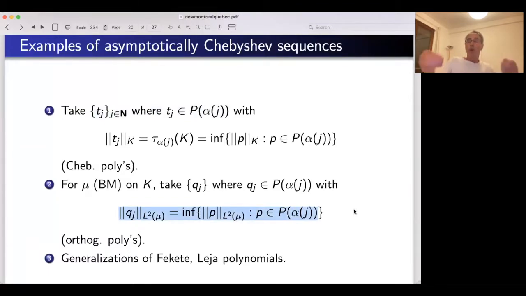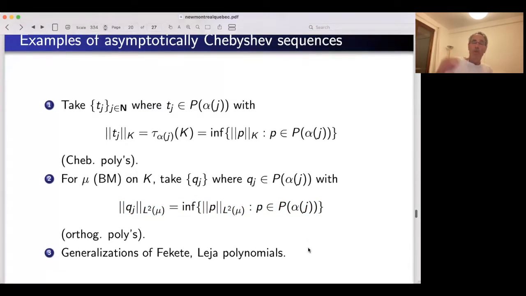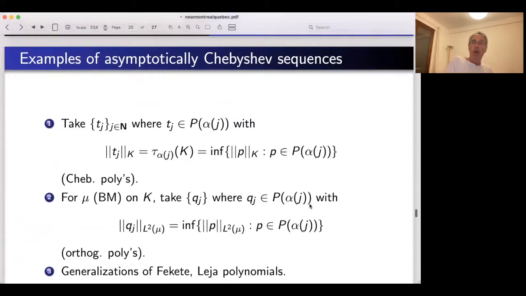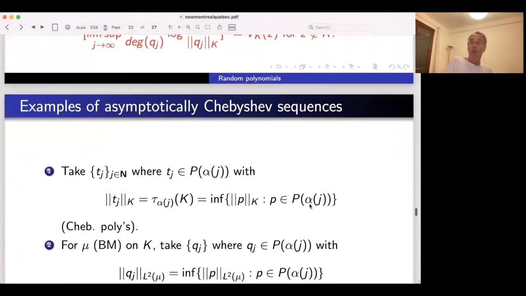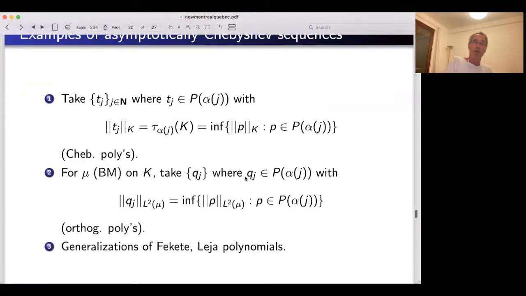So these would be orthogonal polynomials with respect to this measure, just like you would do in the one variable case. And these would be asymptotically Chebyshev. But there are also generalizations of Fekete polynomials and Leja polynomials from the one variable setting that you can find in Tom's paper in the IU Math Journal from 2001. So there are other interesting examples besides these two.